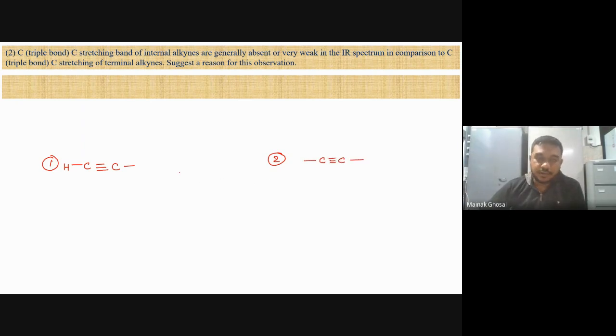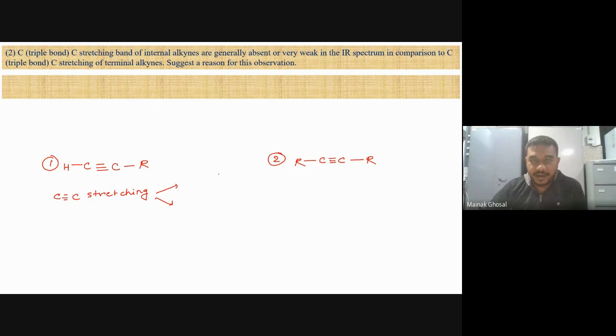So what is the difference? Suppose I am writing R here, and one R here. What do you need to compare? You need to compare the C triple bond C stretching. Which one will have higher stretching or lower stretching?